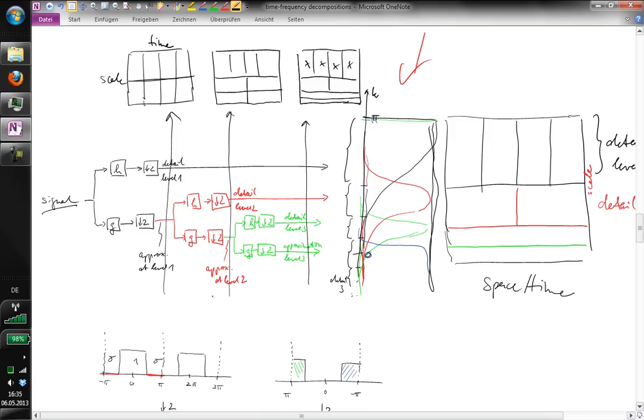Yes, you could do that. So let's say I want to understand the effect of this filter here. This green one, which corresponds to that coefficient, I can obtain by G followed by the downsampling of 2.